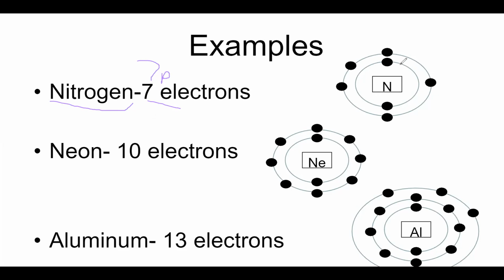So first shell gets 1, 2 electrons. Now the first shell is all full, so we move out to the second shell, which will get 1, 2, 3, 4, 5 electrons. So actually, hold on, I'm gonna redo the numbering there.